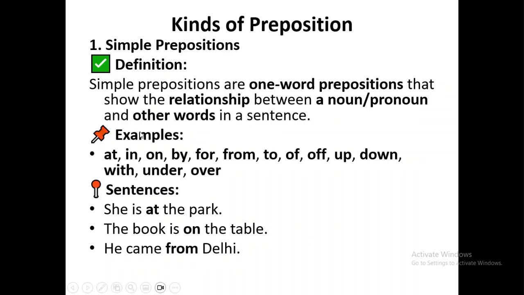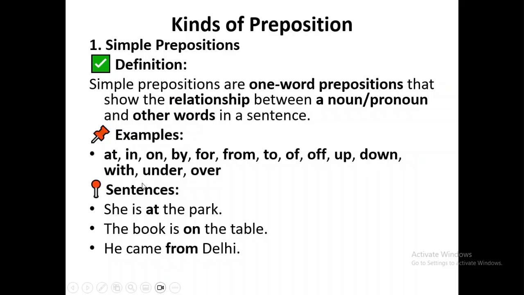Simple preposition examples are at, in, on, by, for, from, to, of, up, down, with, under, over. If you observe these words, they are only one-word prepositions.